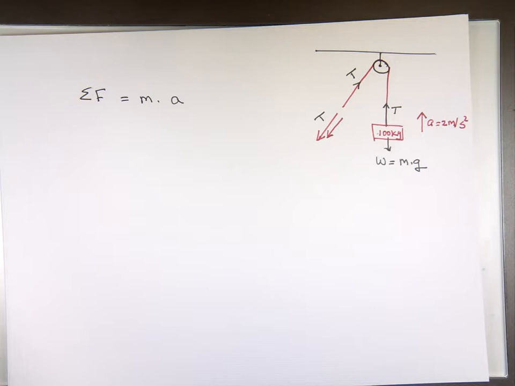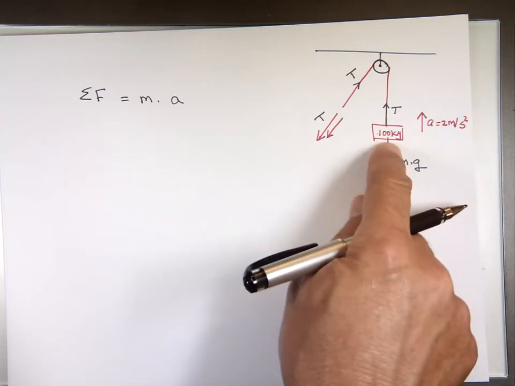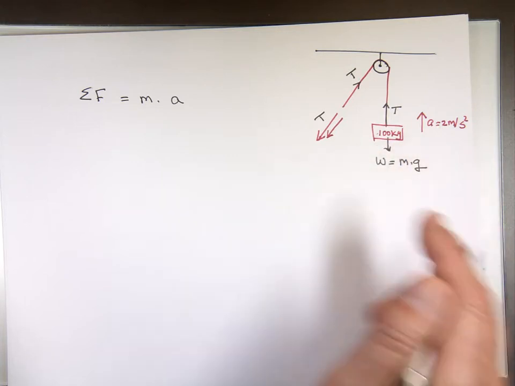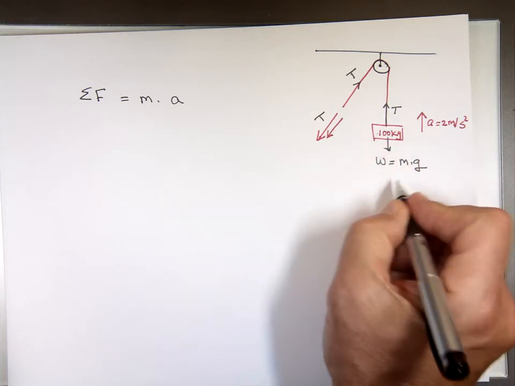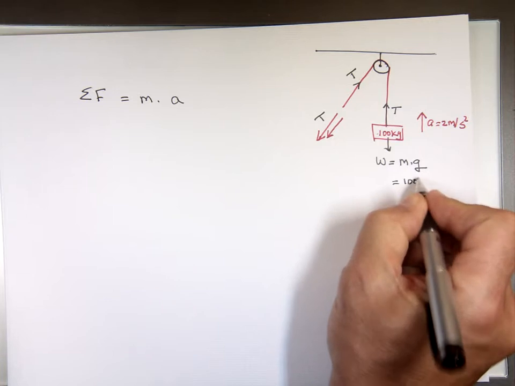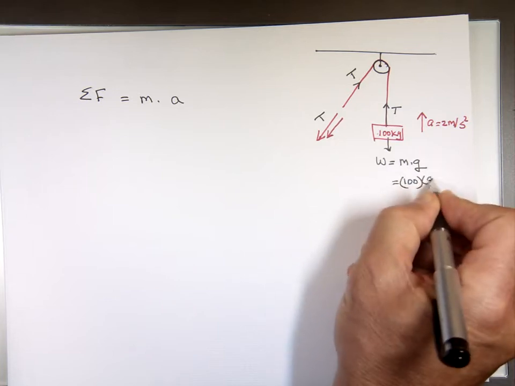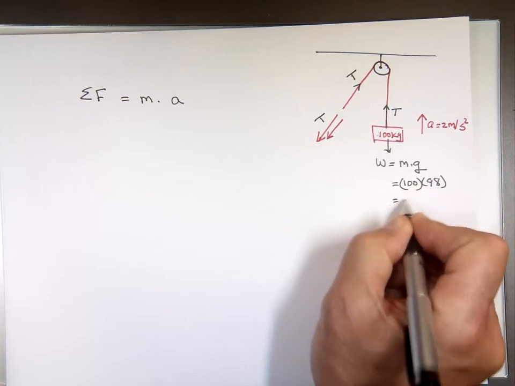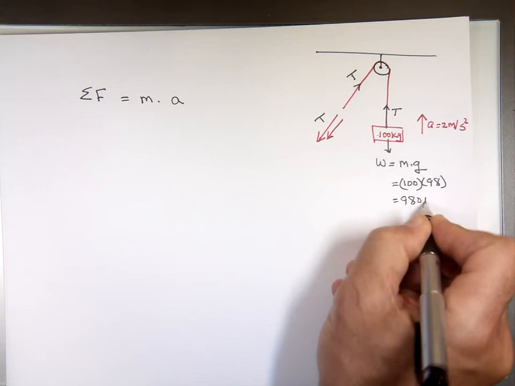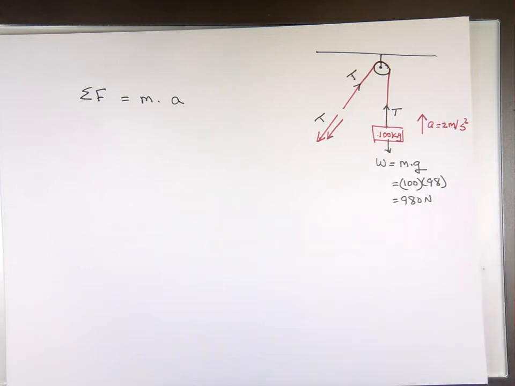What is it, 200? No, that's the mass, right? The mass is 100 kilogram. The weight is 100 times 9.8. That's 980. That's the weight.